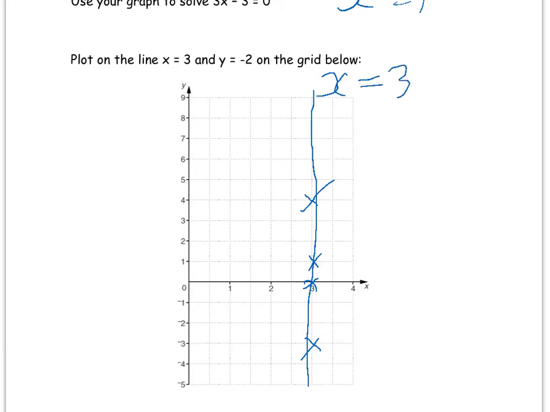Y equals minus 2, well, we're looking at a situation where all the y coordinates are minus 2. And that happens down here. So, at 1, minus 2, 0, minus 2, 4, minus 2. So along there. So y equals minus 2. So remember, y equals a number is always a horizontal line, and x equals a number is always a vertical line. They're key things to remember as well from transformation questions to do with reflection.